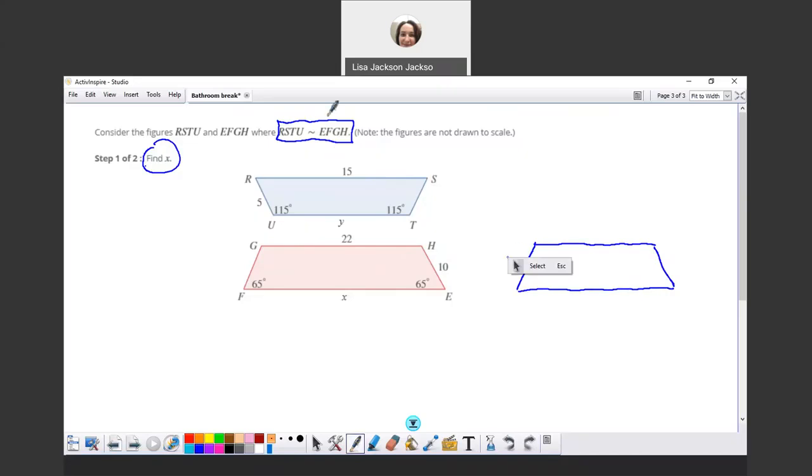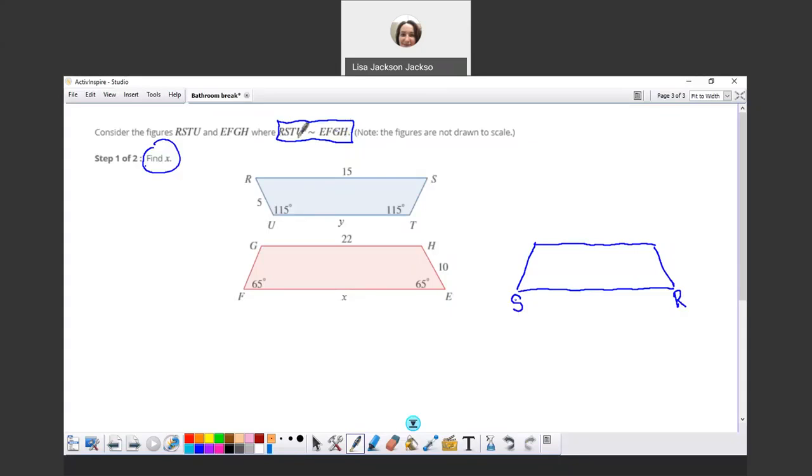So this similar statement here is telling me that side E is the same as side R. That means I'm going to write an R right here where the E is. It's telling me that F is the same as S. So where F is on this trapezoid, I'm going to write an S on the other trapezoid.